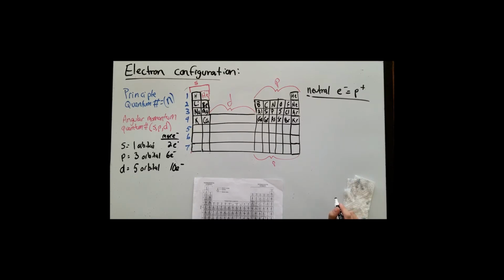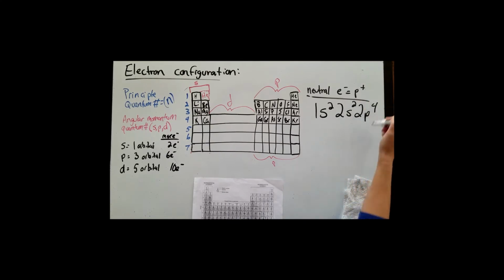So the electron configuration that we're going to start with is going to be 1s2, 2s2, 2p4. So this is an electron configuration. I'm using a series of principal quantum numbers and angular momentum quantum numbers to describe an atom.